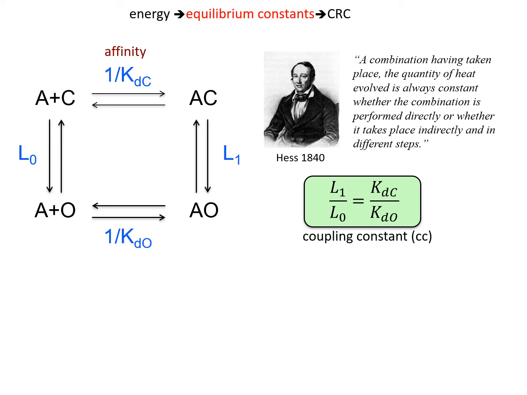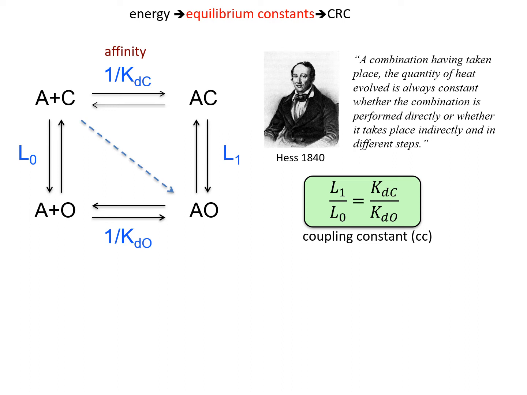This empirical observation was formulated into a law known as Hess's law, and this was done before the conservation of energy was well established. So the implication of Hess's law to the thermodynamic cycle is that getting across the diagonal of the cycle should require the same energy whether it takes place by the clockwise or the counterclockwise paths, which means that the product of the equilibrium constants of the two paths should be equal, which leads to the equation shown to the right highlighted in green.